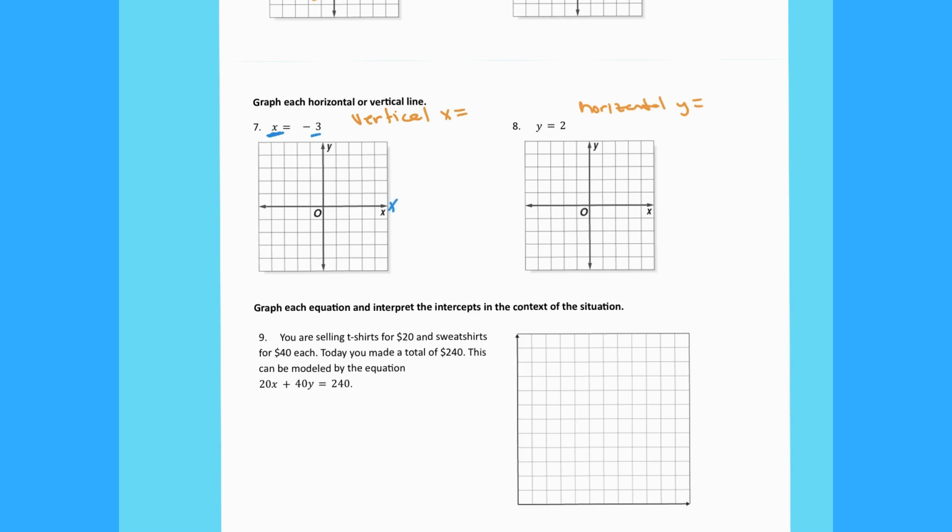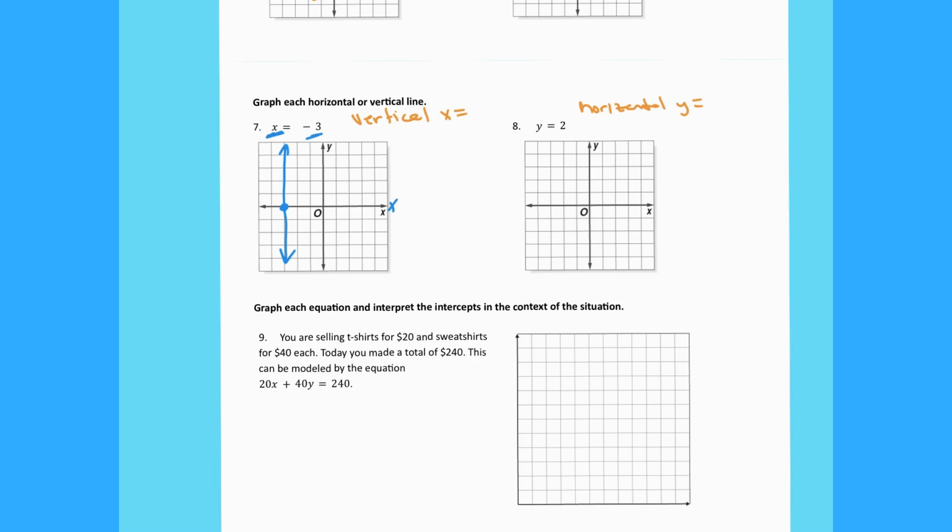So we find the x-axis is here. X is negative 3 is right here. And then we draw a vertical line through that point. So it's going to look like this. And again, making sure there's arrows on both sides. So anytime it says x, it's going to be a vertical line through whatever number it tells you here.